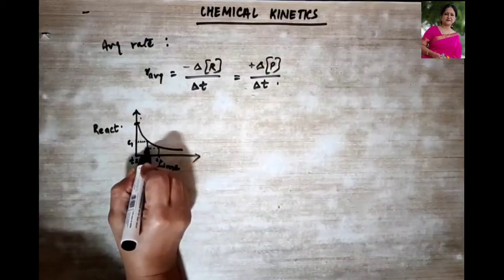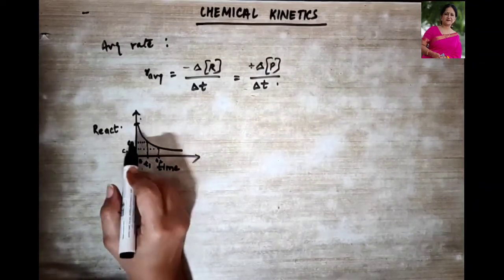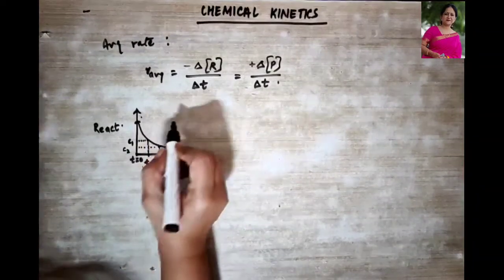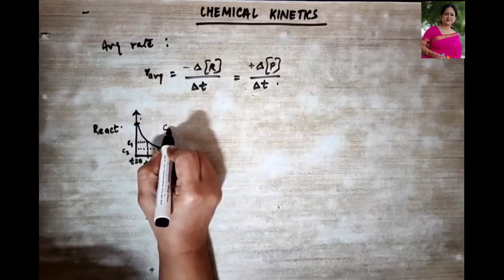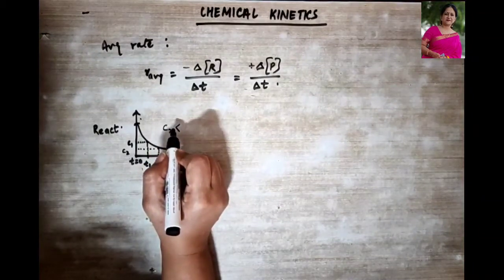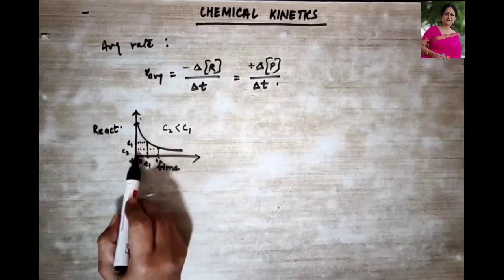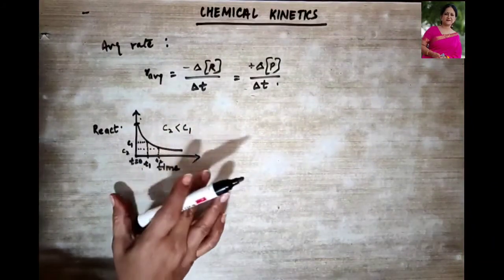The concentration of the reactant decreases, that is, it becomes C2. So what do we see over here? We see that C2 is quite less than C1, isn't it? C2 is less than C1.